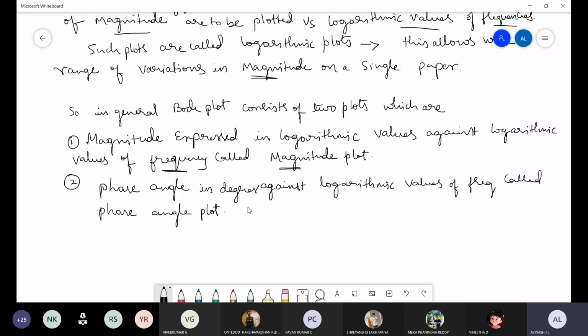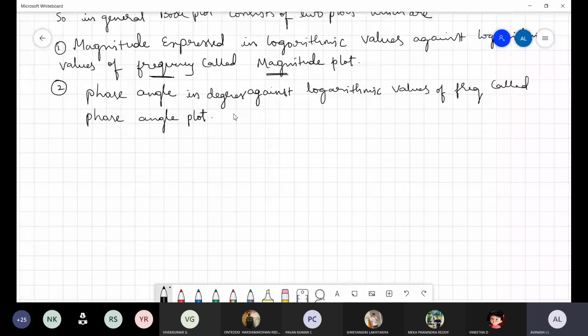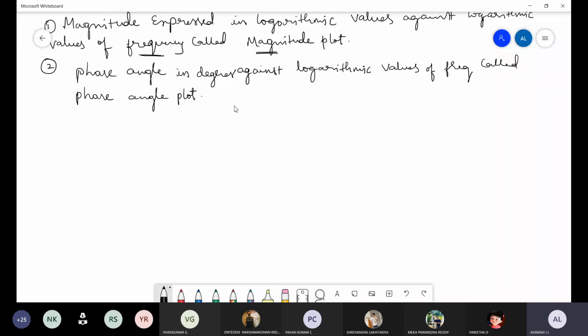Once you have written this, we can go for the understanding of how we are going to write the magnitude and phase in brief. The first plot, we take the heading as magnitude plot. Here, magnitude is expressed in logarithmic values.